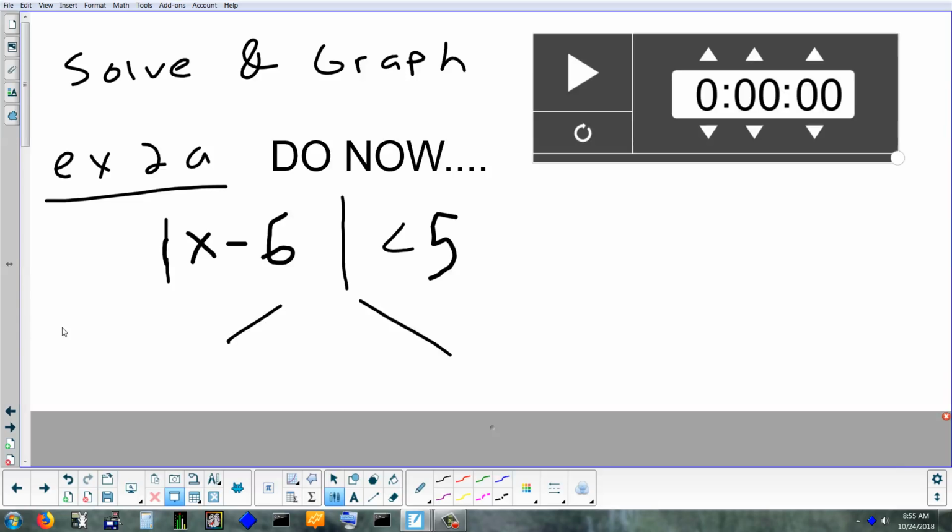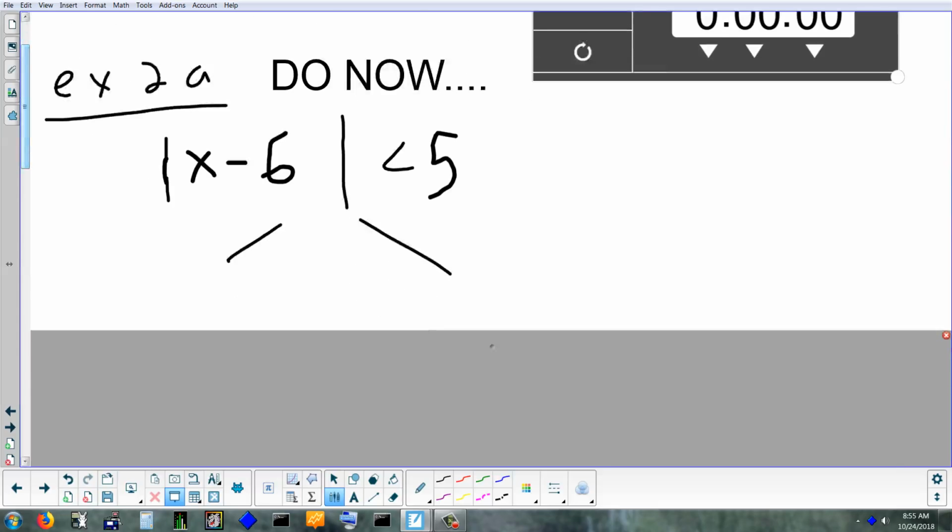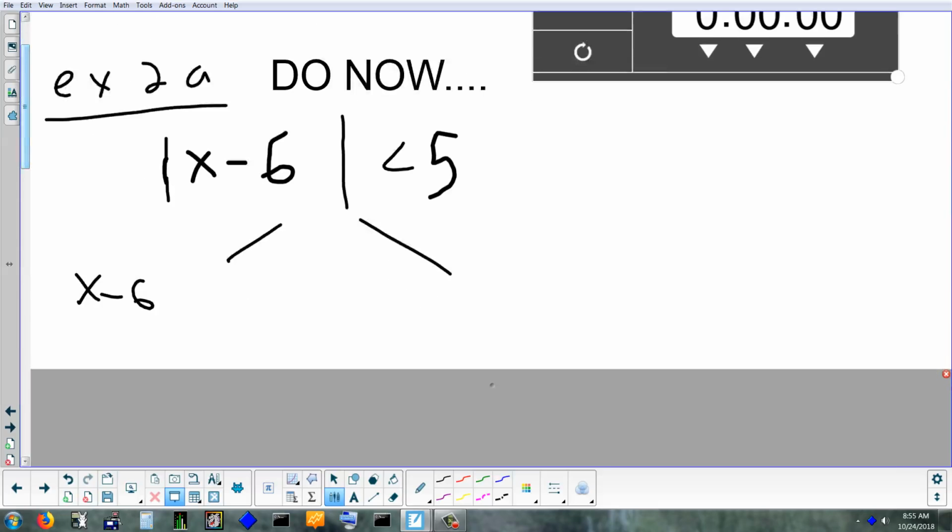Can someone tell me my first inequality? Ellie? x minus 6 is less than 5. How about my second inequality? One extra thing, well, 2 extra things you gotta do on this one.